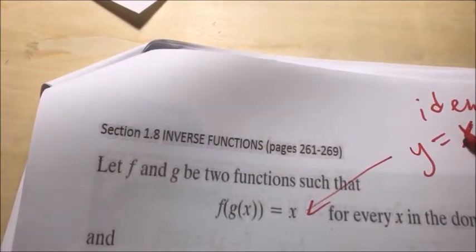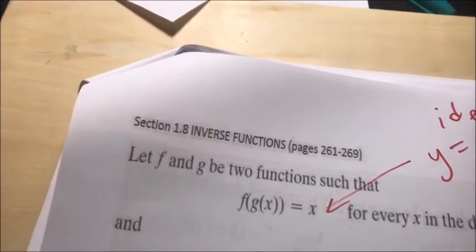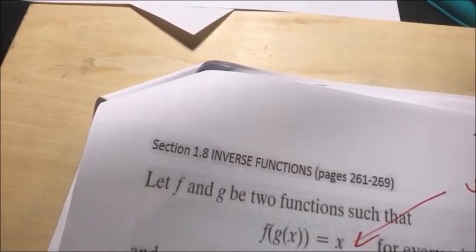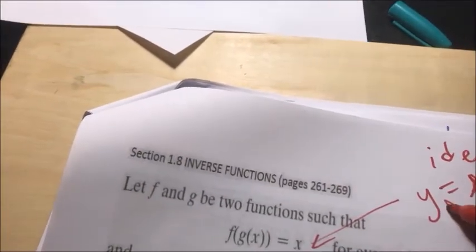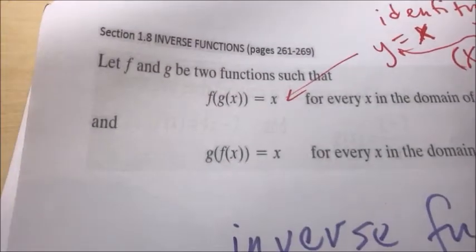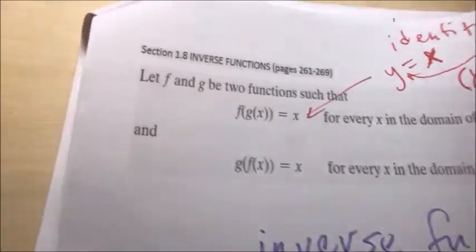You put x in, you get the same thing out. So the x value and the y value are the same. In other words, you put x in, you get back x out. Okay? Because the y is equal to the x, and that's called identity. And that is what inverse functions do. They compose to give you the identity.